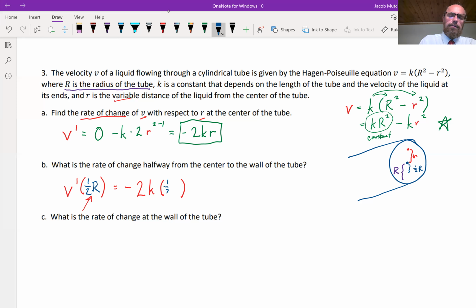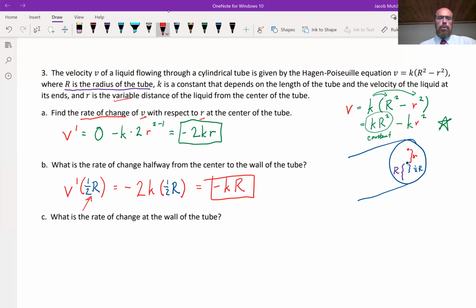It is the radius of the tube. Well, I just need to simplify that once I've substituted it. So my 2 and my half are going to cancel each other out. So this is going to be negative k times the radius of the tube. And that is the rate of change halfway from the center to the wall of the tube.